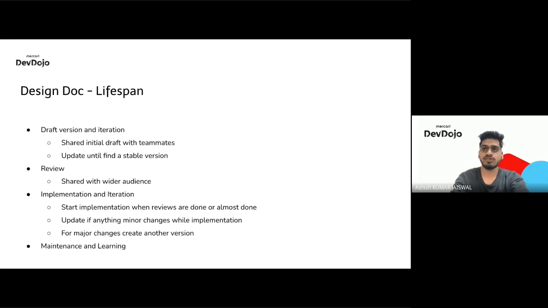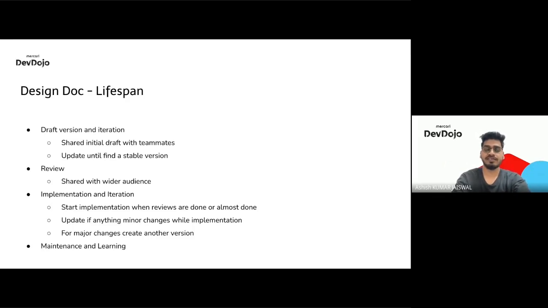And if, while writing the design doc, you find anything which is not very clear to you regarding the spec or any technical issues, you just talk to the respective team members and communicate with them. Once you have everything clear, your draft version is ready for review. Once it's ready, you share that document with a wider audience, and different stakeholders can review your design doc from their points of view.